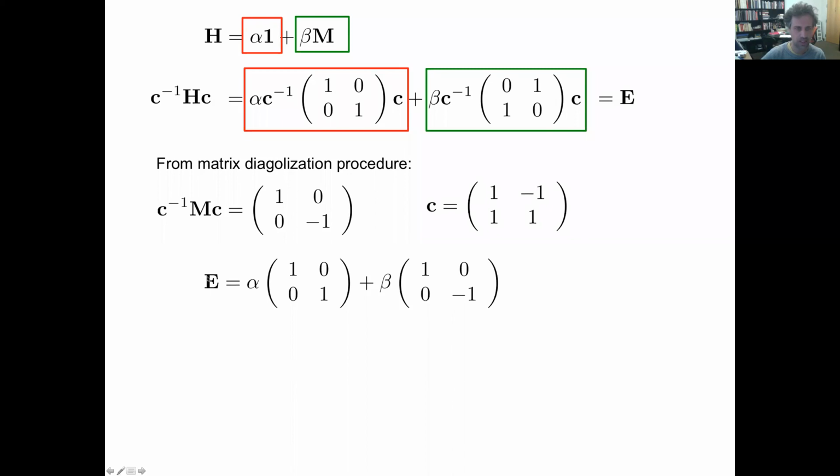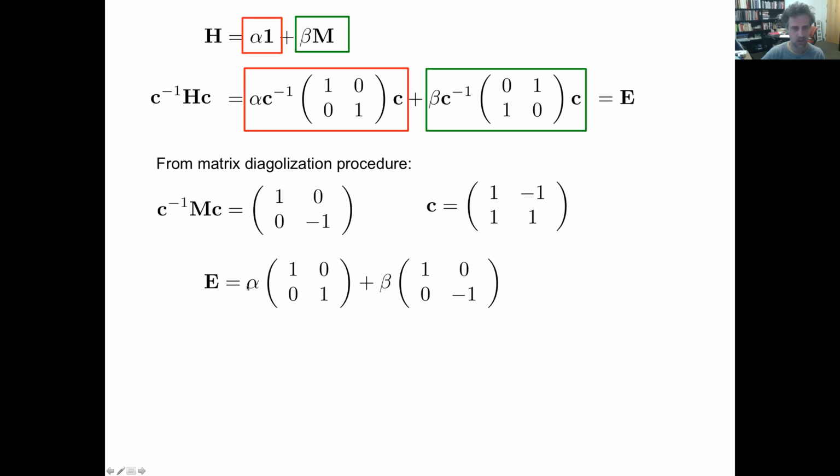So the energy is alpha times the unit matrix. That hasn't changed. But now this operation C minus 1 MC is written as such. That's D, right? So it's beta times D. So that is what gives me the energies. And there's now two combinations, right? Alpha times 1 plus beta times 1. That's the first solution.